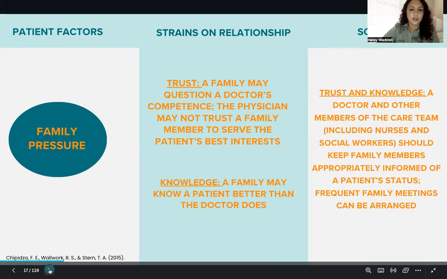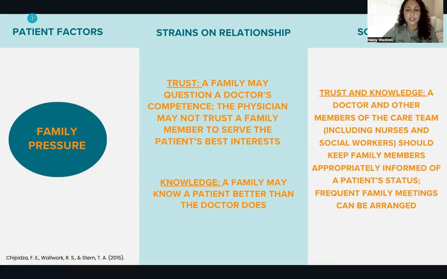Okay. All right. The last one that we're going to go over for patient factors for the relationship is family pressure. People in different cultures especially like to involve their family heavily, and this can happen especially when dealing with a pediatric demographic. Their family is most likely always going to be there, a part of it in some way, because they're minors.